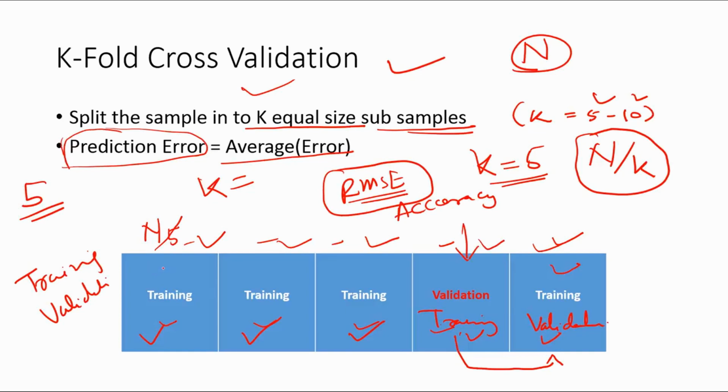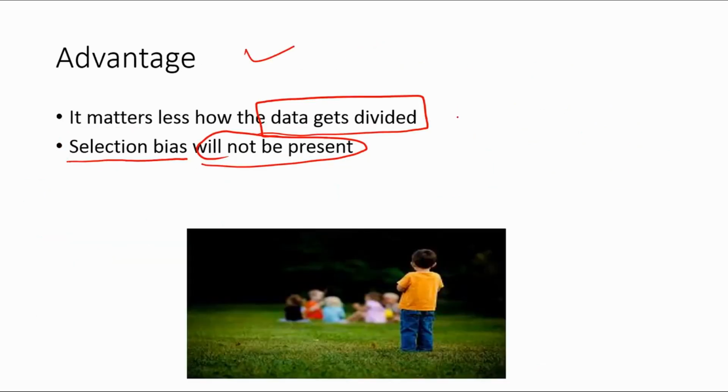Similarly, a training set can also be all the splits. So every data point present in the sample will be a part of the training data and will also be a part of the validation data. Hence, this particular way of cross validating is free from sample bias or selection bias.